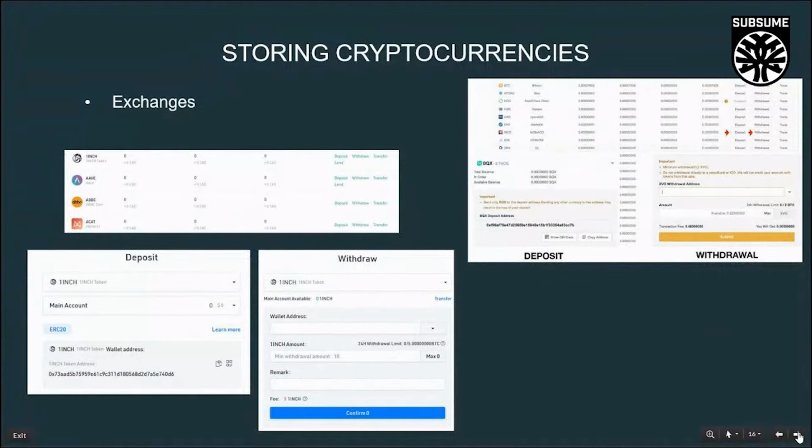Okay. So we talked about the different types of exchanges, and also some tips about when you are sending crypto. Even in your wallet, you have send and receive.